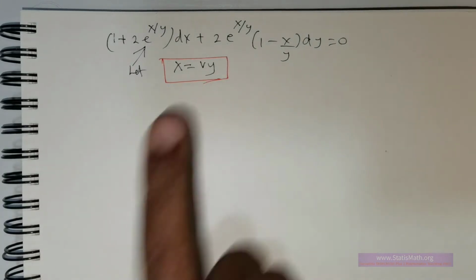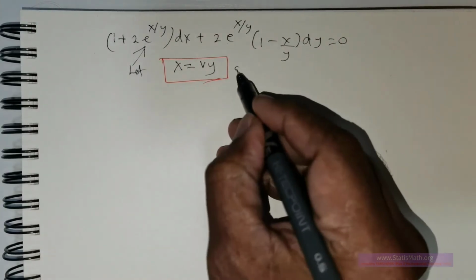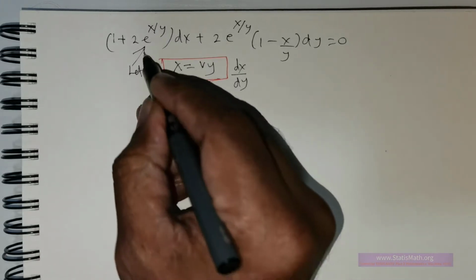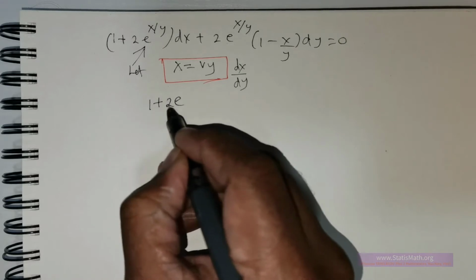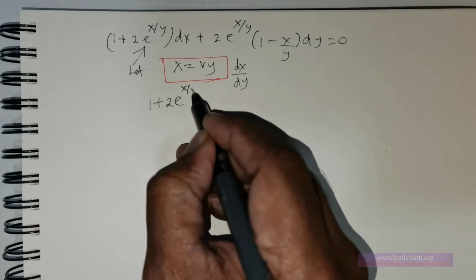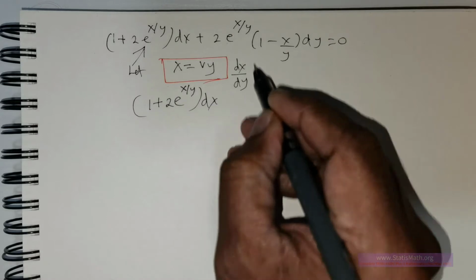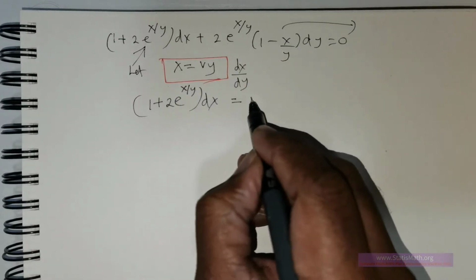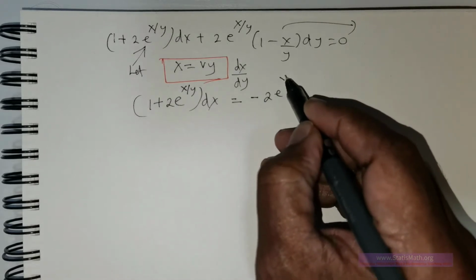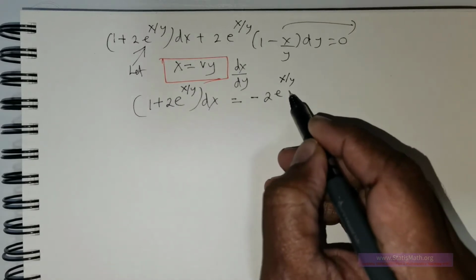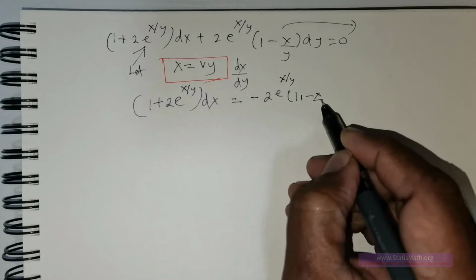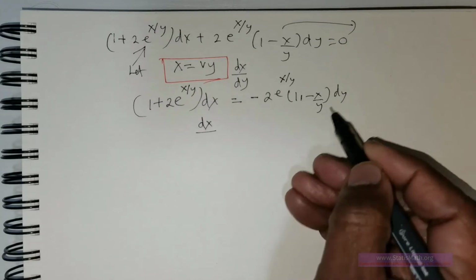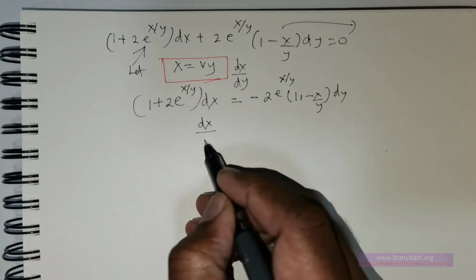So for this to happen, we need to write the expression as dx over dy. For that, I would retain this quantity as it is, (1 + 2e^(x/y)) dx, and then move this quantity to the right side. That is going to be negative 2e^(x/y) times (1 - x/y) dy. So bring the dy down to dx.